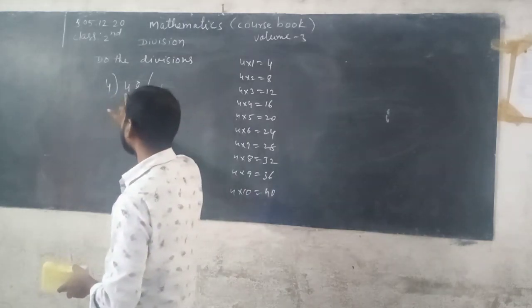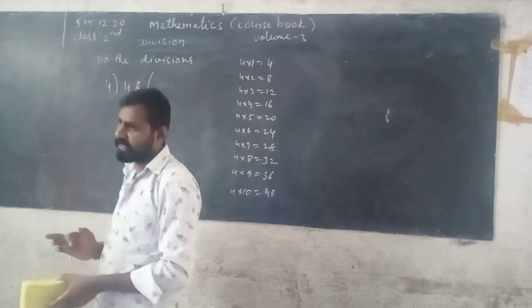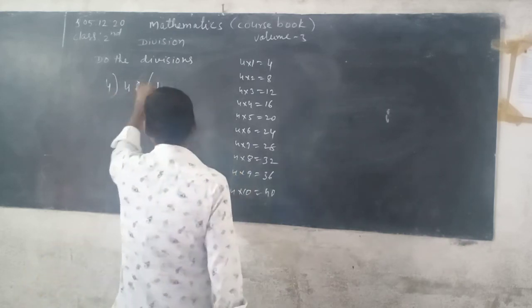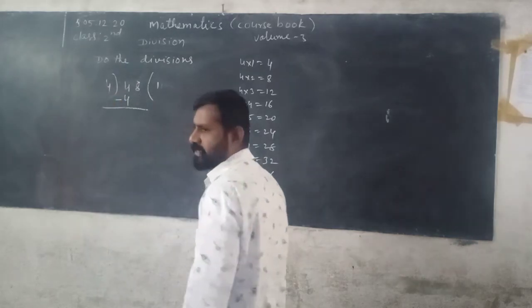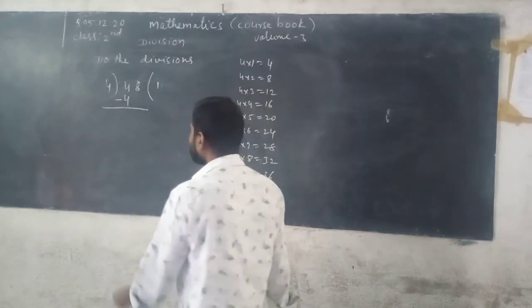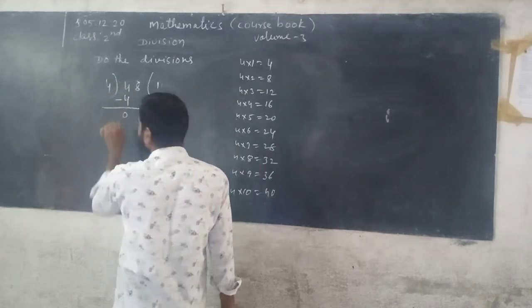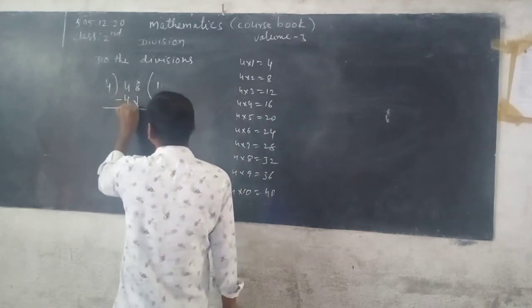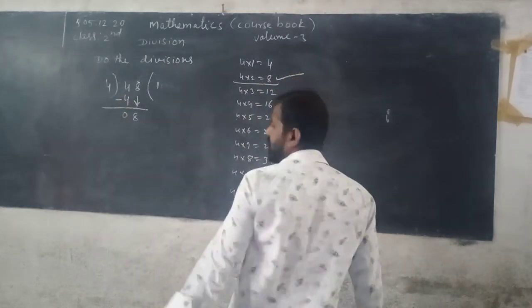So I have to take from the dividend the first digit. See here, 4 equals 4. It is also possible. 4 1s are 4. 4 write down below 4 from the left first digit. See here, 4 minus 4, 0. Okay, 8 bring down to the remainder. So where is it divisible, 4 2s are 8.